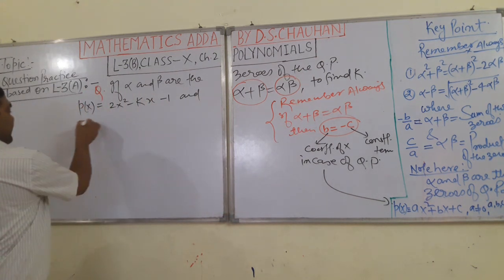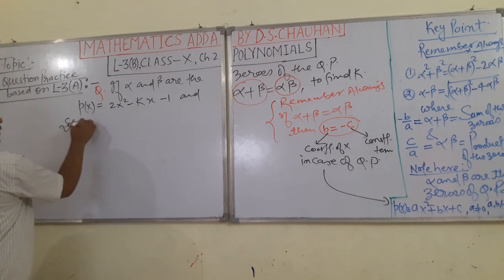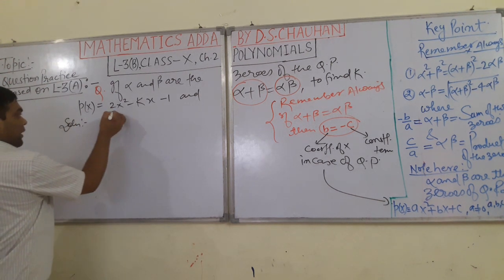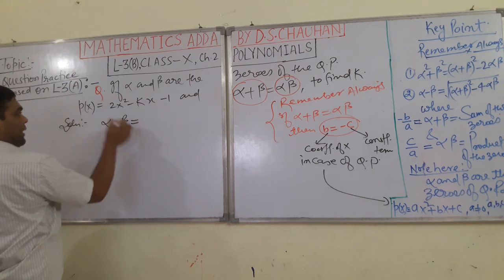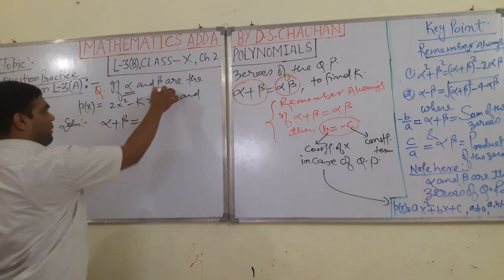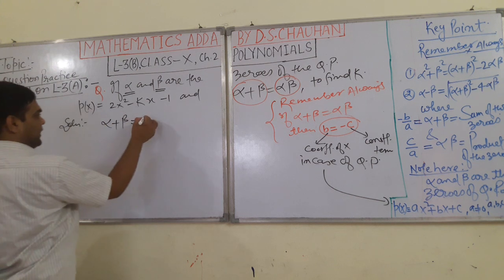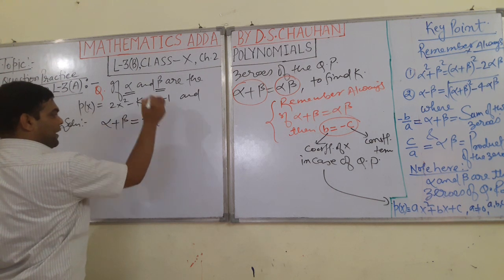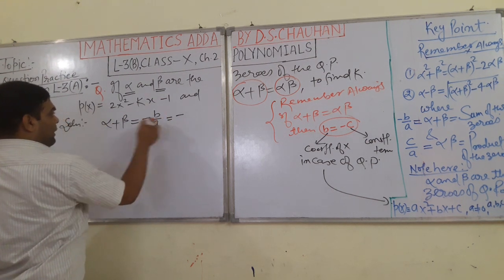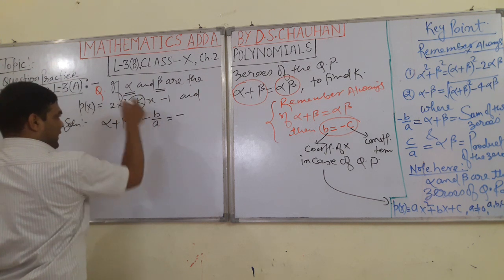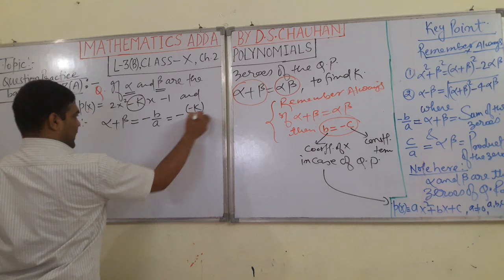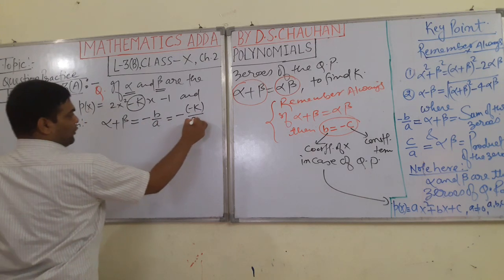Here, solution. Alpha plus beta, that is the sum of the zeros. Why are we finding alpha plus beta? Because it has been given that alpha and beta are the zeros. So alpha plus beta is minus b upon a. Here b is minus k, and a is 2.